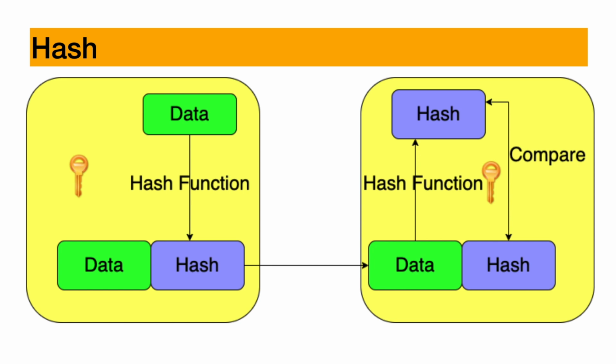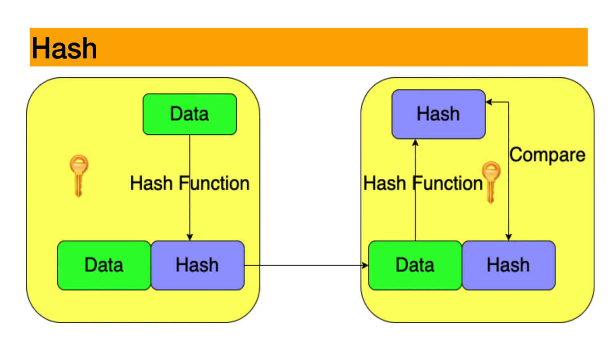Now, at the receiver or client, there is also a hash function there as well, and that hash function will create another hash from the data which is already attached to the hash by the sender.